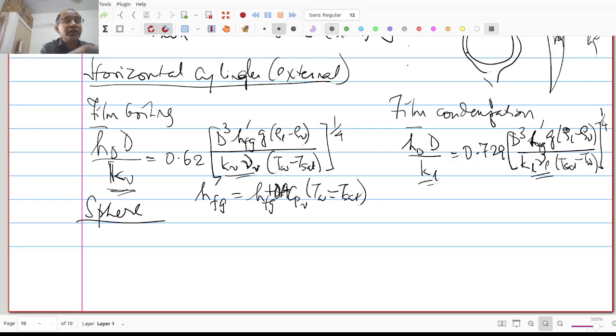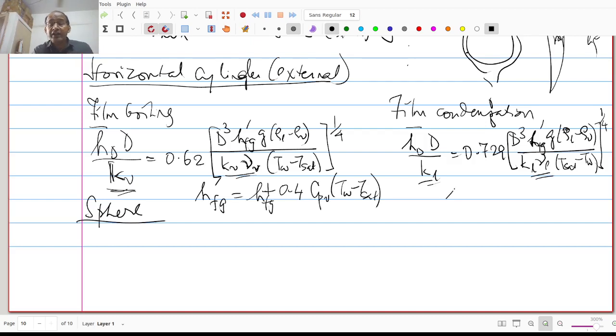Okay, let me just erase it and write it cleanly. Plus 0.4 c_pV into (T_1 minus T_sat).